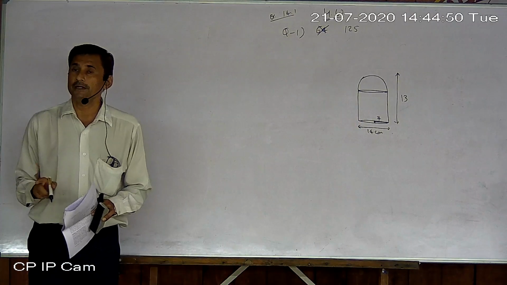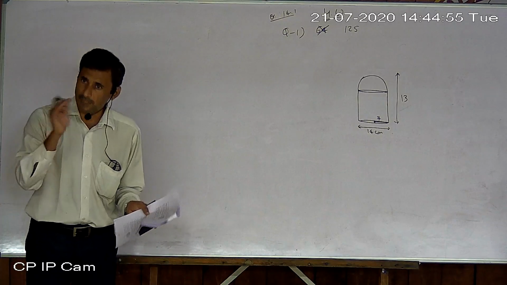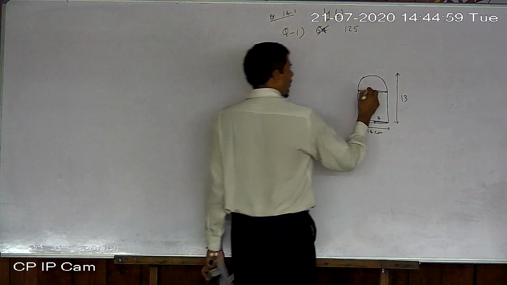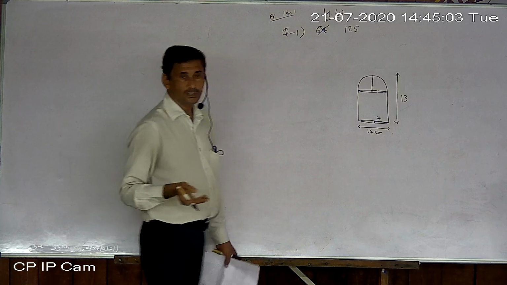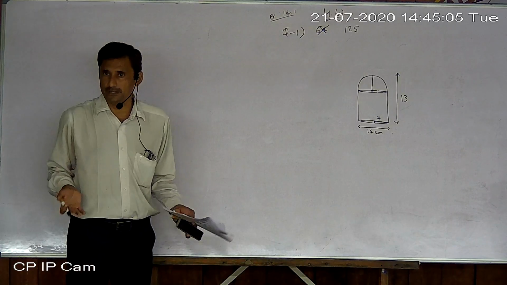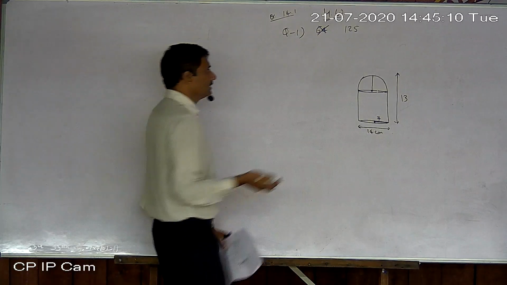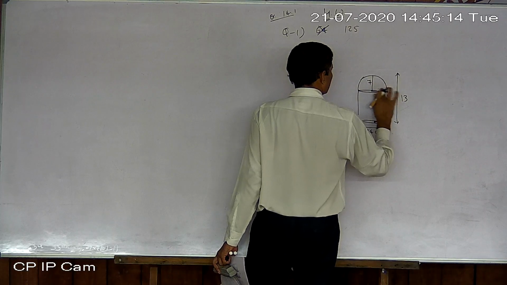Actually, the combined height is given. It includes the hemisphere as well as the cylinder. But what is the height of the hemisphere? Radius only. Whether you say height or radius, for a hemisphere both are the same. So this is R only, and R is given as 7.